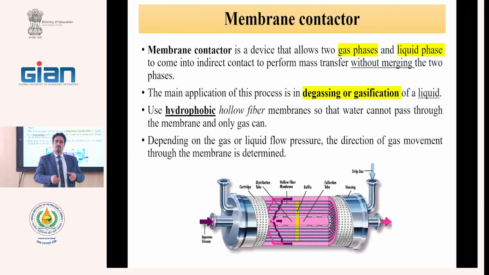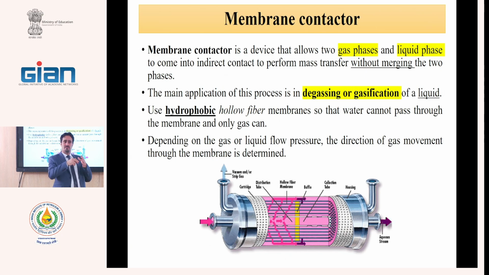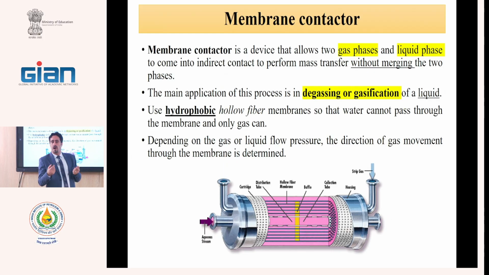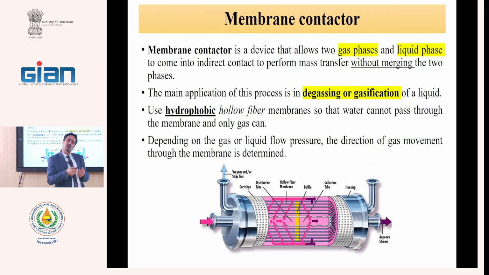In the absorption column, we have trays for increasing the contact between gas and liquid for mass transfer. In this membrane contactor, we usually use hollow fiber membranes, and hollow fiber membranes have a very high surface area and increase the contact between gas and the liquid.